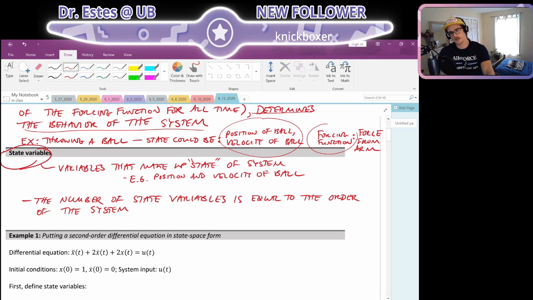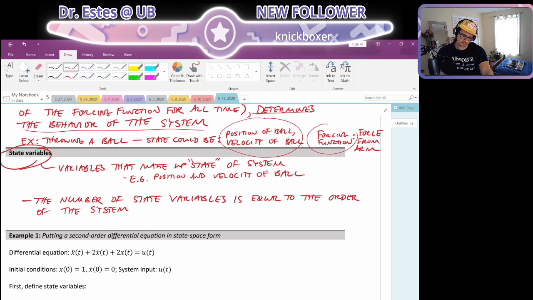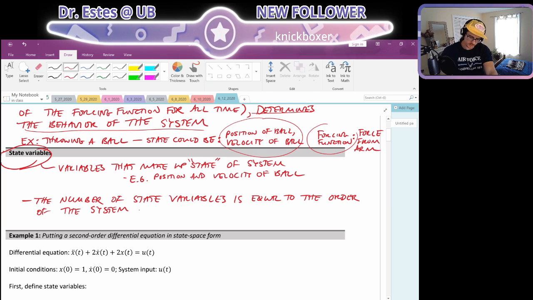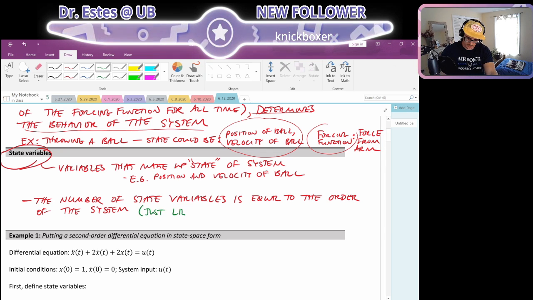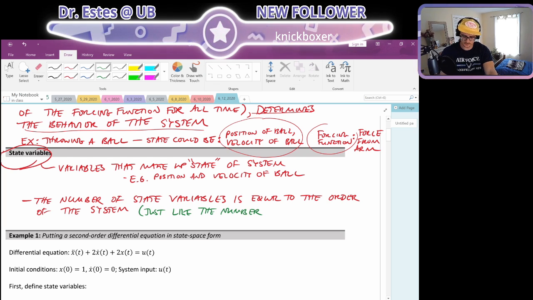So when I say I'm going to throw a ball and there are two states, the position and the velocity, I'm assuming that it's going to behave as a second order system. Just like the number of initial conditions must be equal to the order of a system.